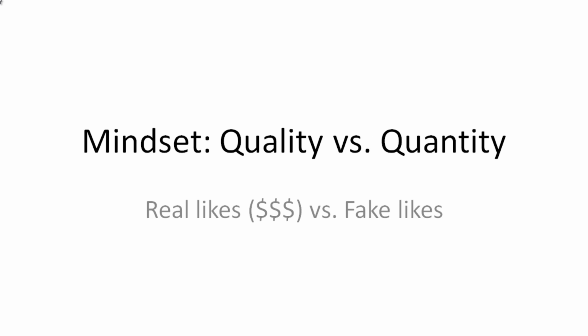So this is video number 1, and let's first talk about mindset, quality versus quantity. Now, I know this might seem like a no-brainer, but this is actually something that is commonly overlooked when it comes to this topic. A lot of people have this misconception that they can buy Facebook fan page likes and get a bunch of fans.